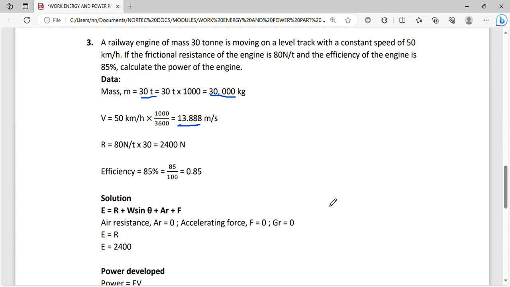Meaning 50 divided by 3.6, or 50 by 1000, then you divide by 3600. It's correct, sir. Okay, thank you.